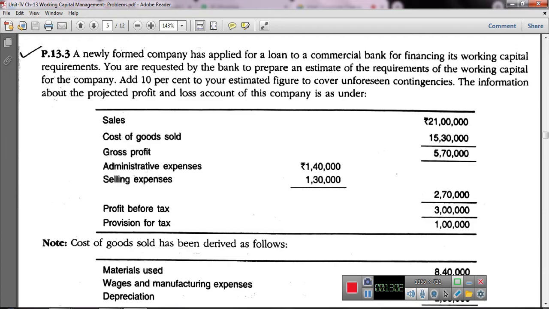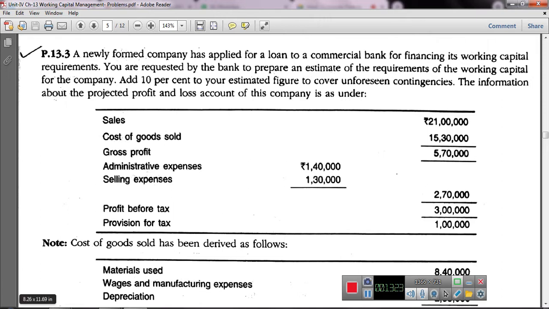Then 5 lakh 70,000 minus 2 lakh 70,000, profit before tax is 3 lakh rupees. Provision for tax is 1 lakh rupees. Out of 3 lakh rupees, 1 lakh rupees is to be paid as taxes.